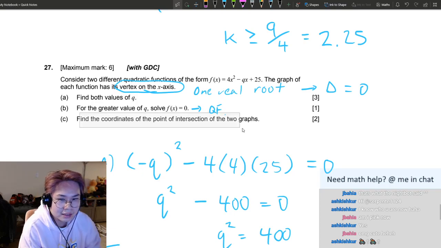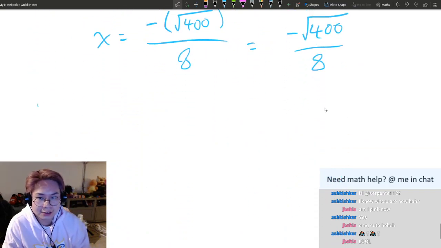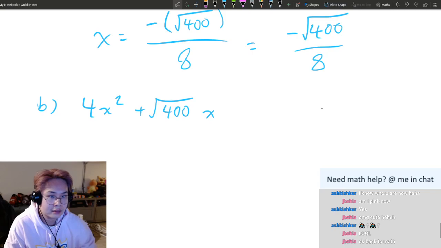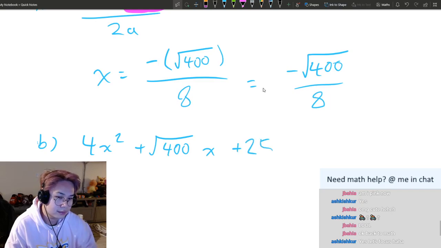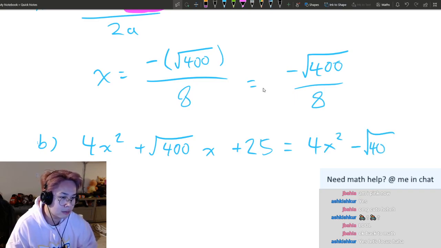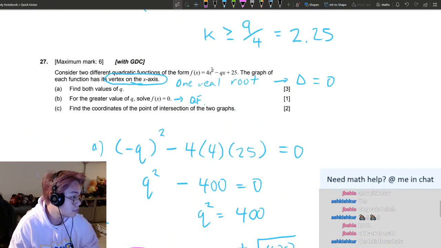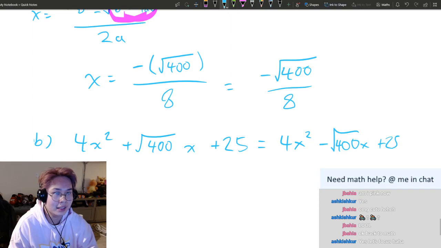And then let's see, find the coordinates of the point of intersection of the two graphs. Okay, so we have the two graphs. We have 4x squared plus root 400 x plus 25. And then we have the other graph, which is minus root 400 plus 25. So to find their point of intersection, you set them equal and then you try to solve for x. Now what's nice is everything kind of cancels out aside from a few things.